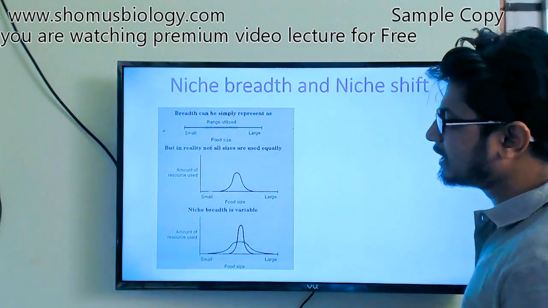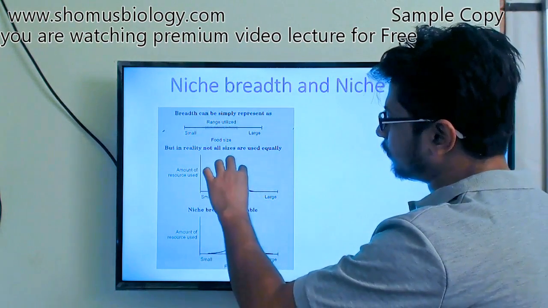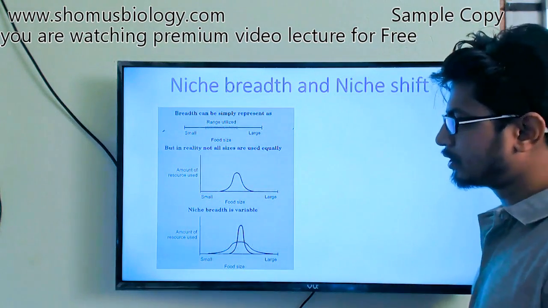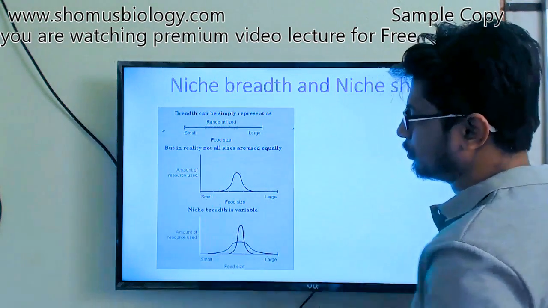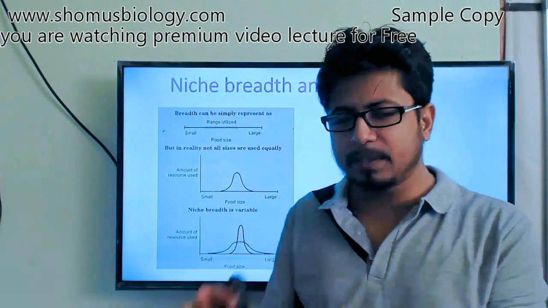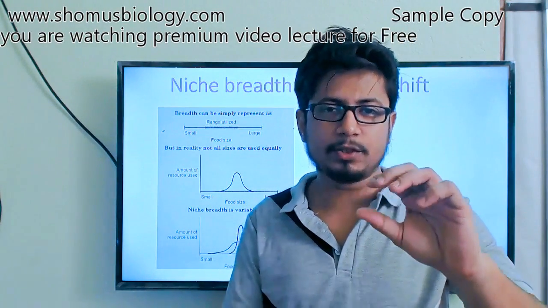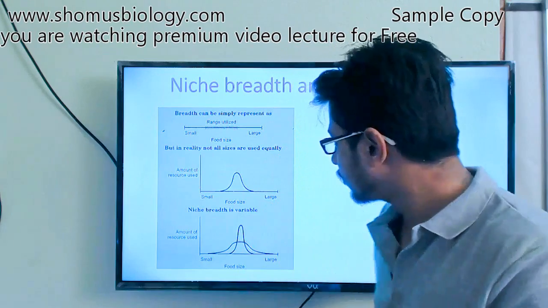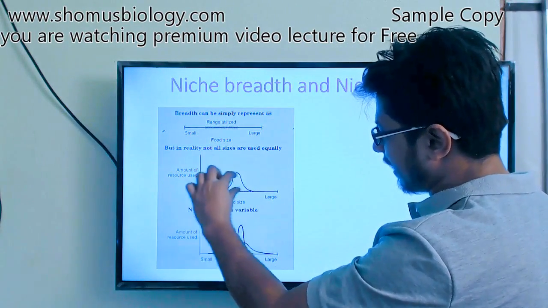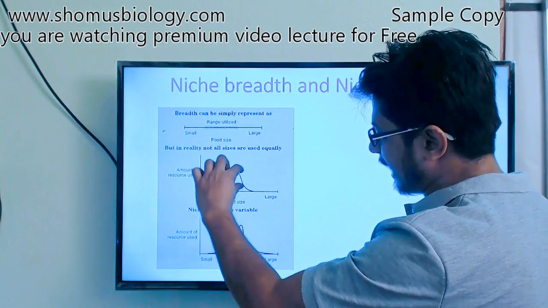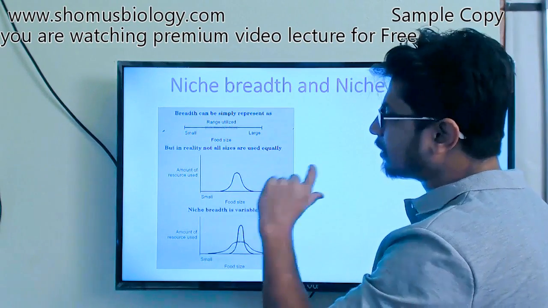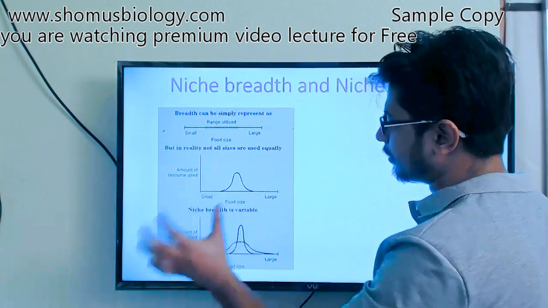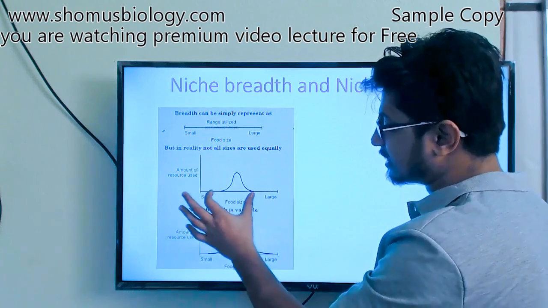If you look at the food size, there is something in the moderate range, which shows the amount of resource use, because most of the birds are very comfortable eating seeds of medium length. So they are eating that the most. You can see the maximum niche utilized is that moderate length. Still, a few birds eat the smaller seeds and a few eat the larger seeds, but very few.